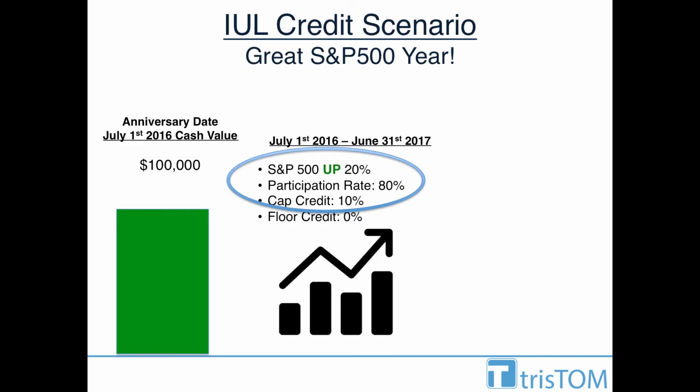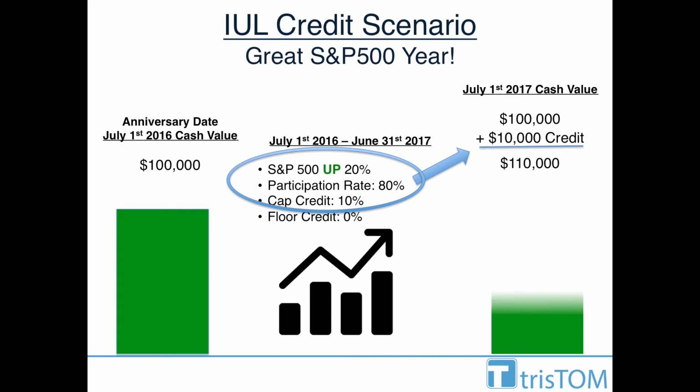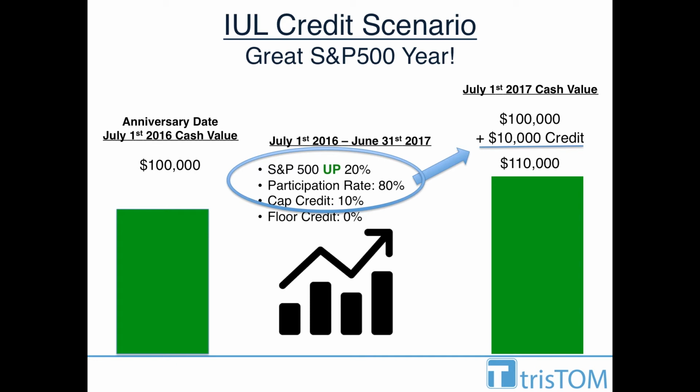You won't get 16, you'll get the cap of 10%. Therefore, on July 1 of 2017, your credit amount becomes $10,000. Therefore, you have a cash value on July 1 of 2017 of $110,000. Right?